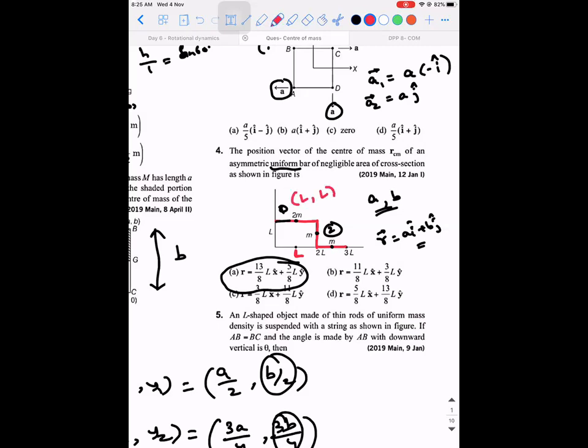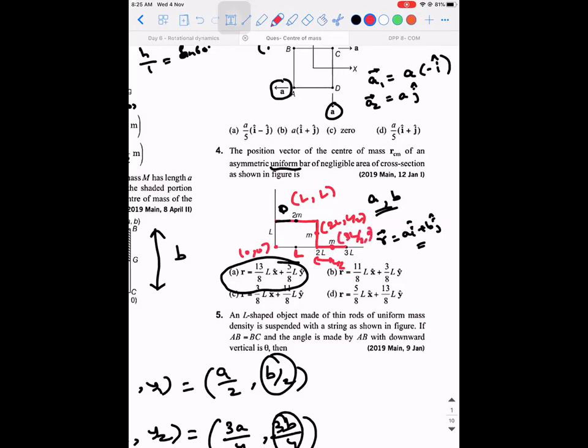It is L, comma L. What are the coordinates of the center of mass of m, the vertical rod? 2L, L by 2. That's right. What are the coordinates of the third mass m? It is not 3L. Oh, it is here. See, this distance is L by 2. If you take this as origin, then L plus L by 2, so 3L by 2, comma 0.